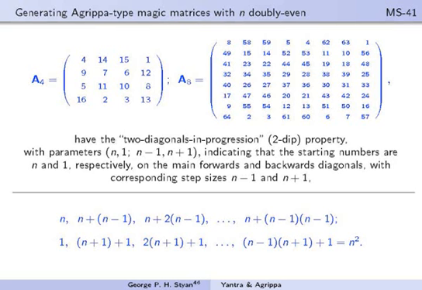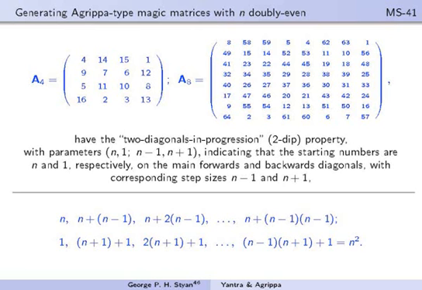And on the right, the numbers have gap size 7, that's 1 less than 8: 8, 15, 22, 29, and so on. Both matrices have a 1 in the top right-hand corner, and in the bottom left-hand corner is n squared. On the left it's 16, and on the right it's 64.